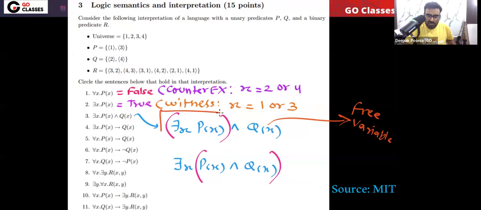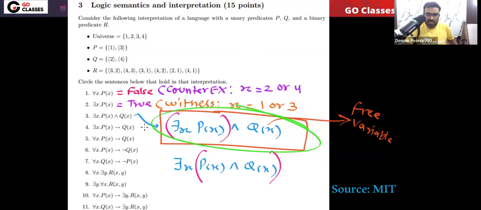And when your expression has a free variable, then you cannot find true or false because it is not a proposition. Do you agree with me? In any expression, if there is at least one free variable, then it is not a proposition and we cannot find true or false for it. Correct or not? So now you can see that a free variable simply means that it is not a proposition.